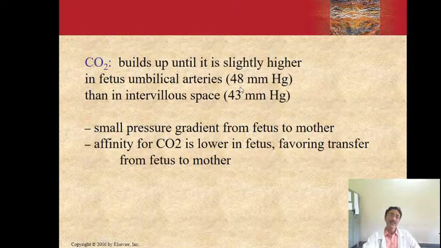So this gradient of 48 to 43 helps in the transfer of carbon dioxide. From the intervillous spaces, the maternal PCO2 level is still more or less around 40 mmHg, so another gradient is there. Ultimately, the carbon dioxide diffuses from the arteries into the intervillous spaces, and from the intervillous spaces across the placenta into the maternal circulation.